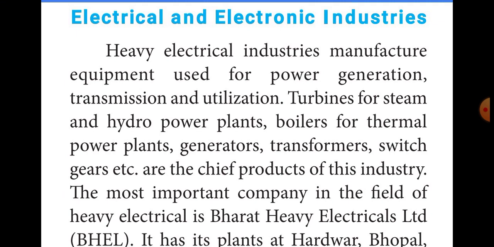Then turbines for steam; turbines are devices for thermal energy. Then hydropower plants, boilers for thermal power plants, generators, transformers, and switch gears, which are part of the electrical power system. These are the chief products of this industry.